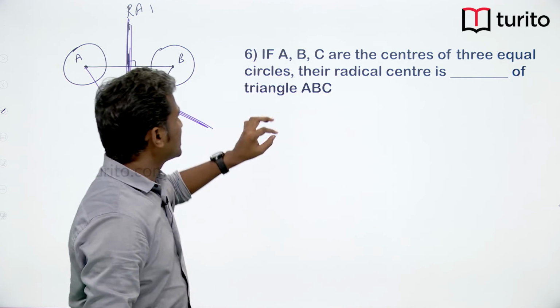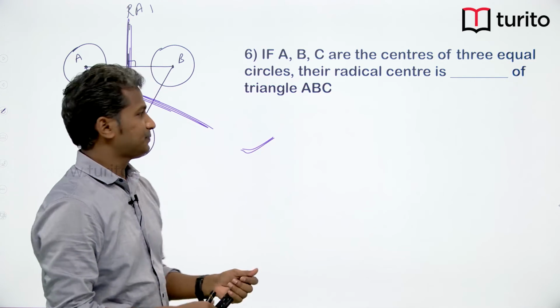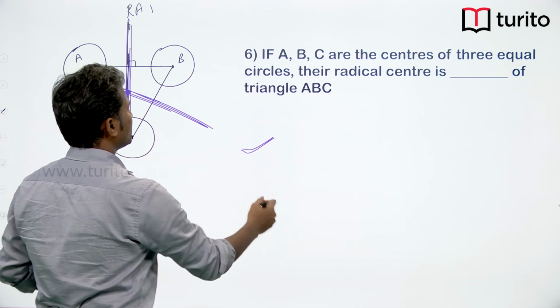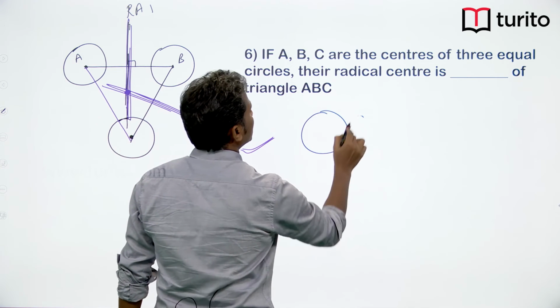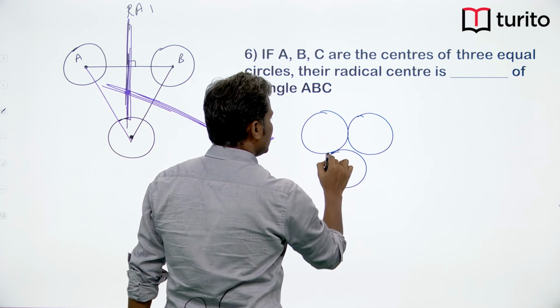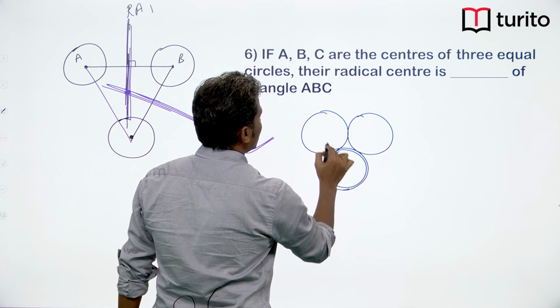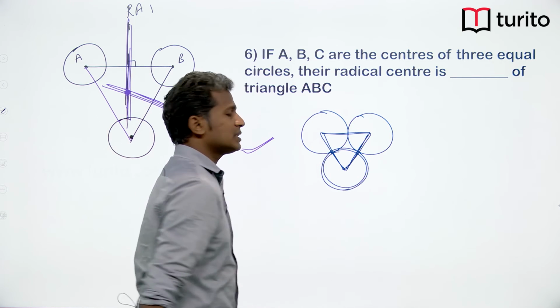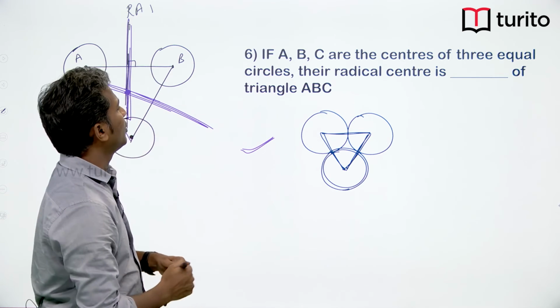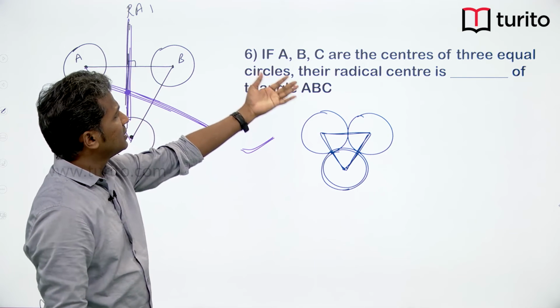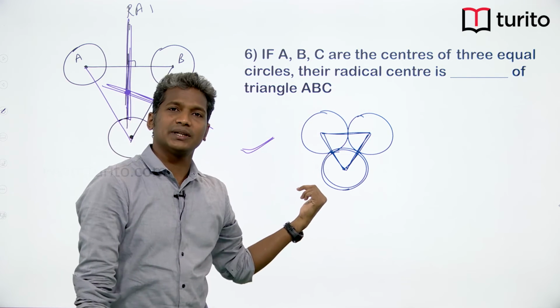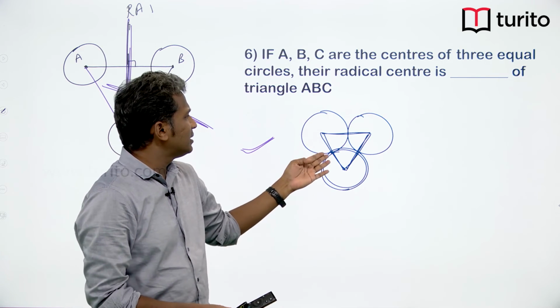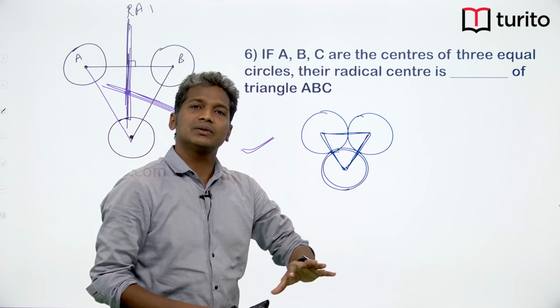Now, taking a special case, if circles are touching and also have equal radii, then we get an equilateral triangle when we join the centers, which automatically makes the center the circumcenter only. In fact, here whether incenter or circumcenter, it is going to be the same.